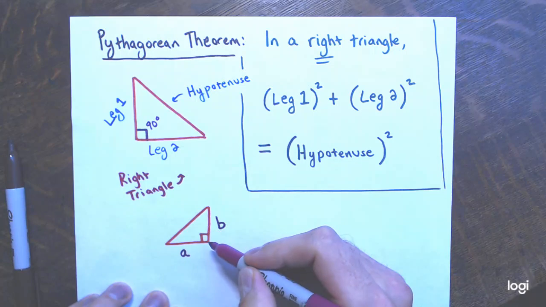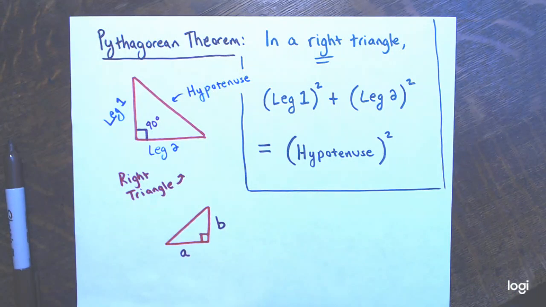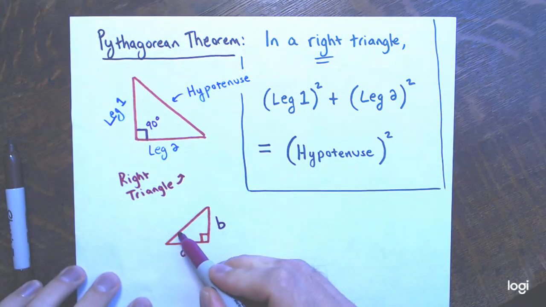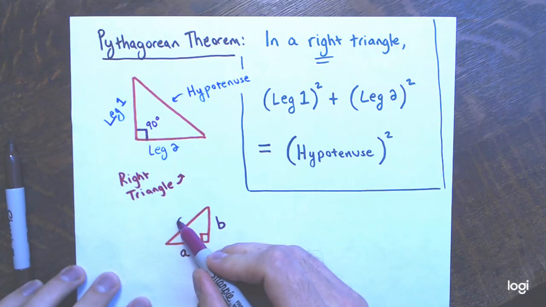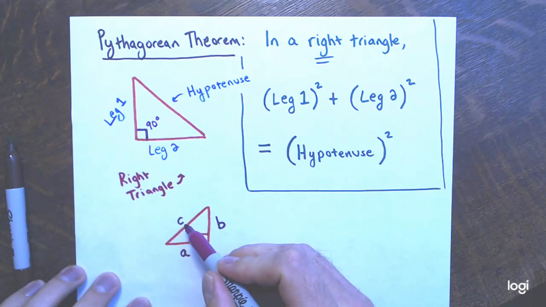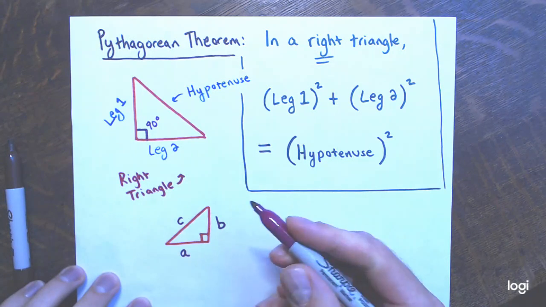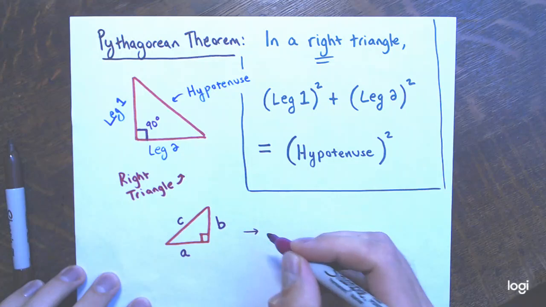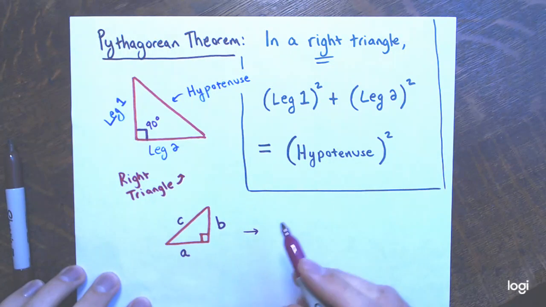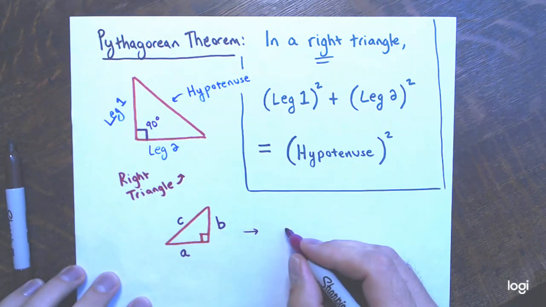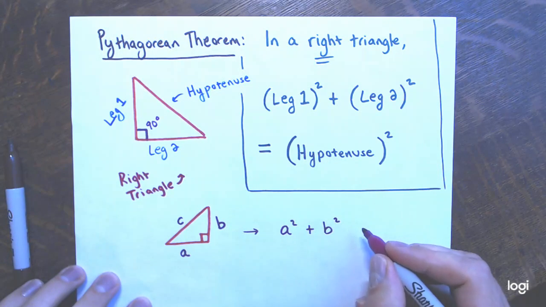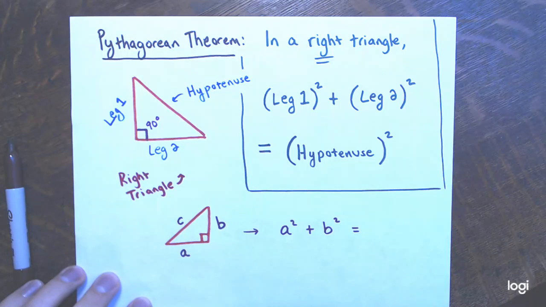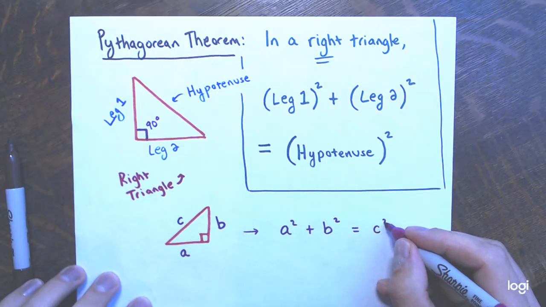So this other leg, leg 2, has a length of b units. And then the hypotenuse, opposite the 90-degree angle, is very often symbolized by a lowercase c. So this is a length of c units. And then by the Pythagorean theorem, the sum of the squares of the legs, so a squared plus b squared, will be equal to the square of the hypotenuse, will be equal to c squared.